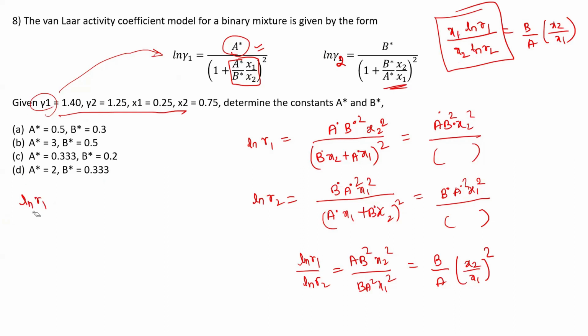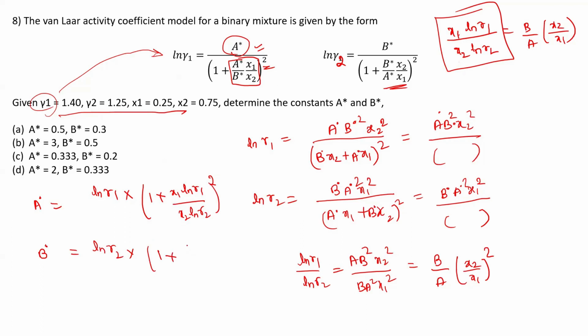I will directly write it in terms like A star equals to ln gamma 1 into 1 plus x1 ln gamma 1 by x2 ln gamma 2 whole square, and B star equals to ln gamma 2 into 1 plus x2 ln gamma 2 by x1 ln gamma 1 whole square.